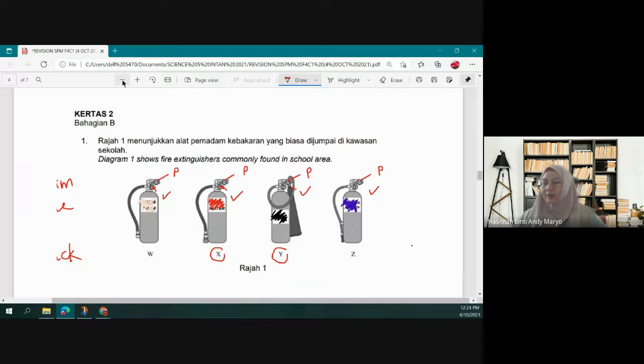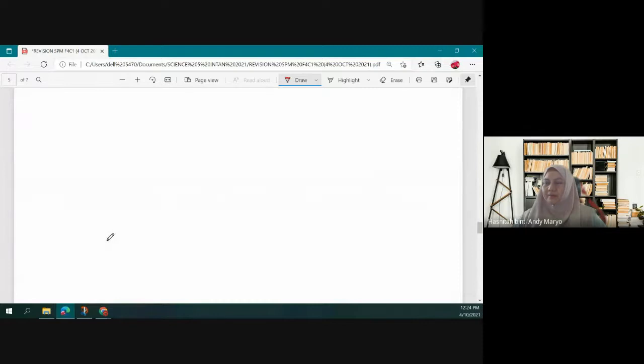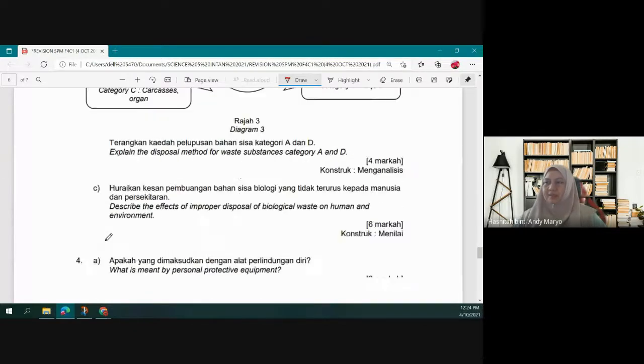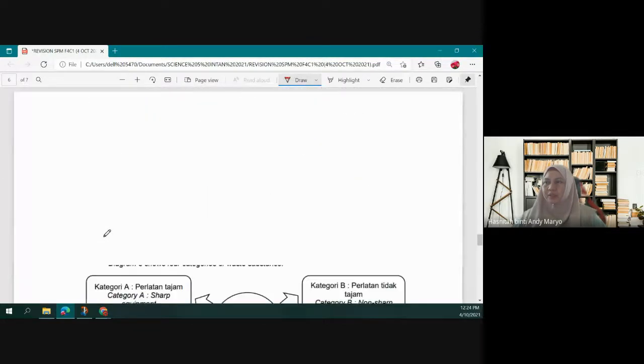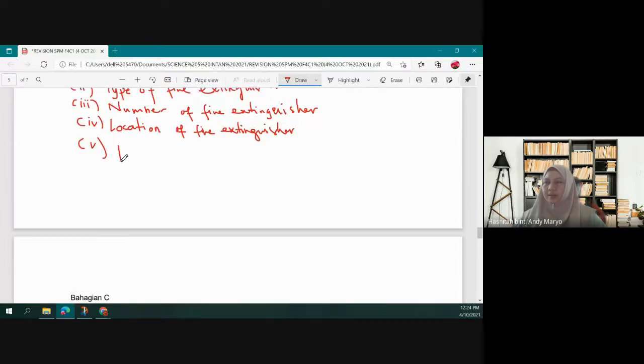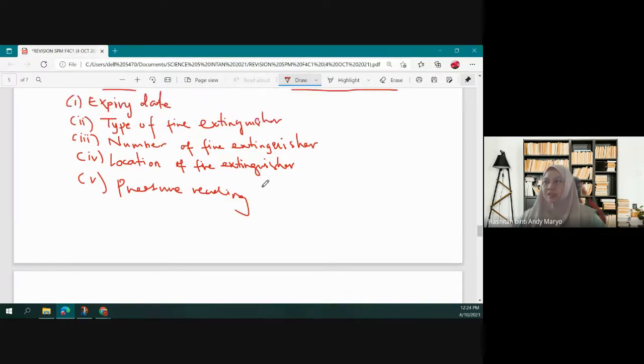So we go back to the question down there. So the 5th item is the pressure reading. Pressure reading. Belakang semua samalah, of the fire extinguisher. Okay.